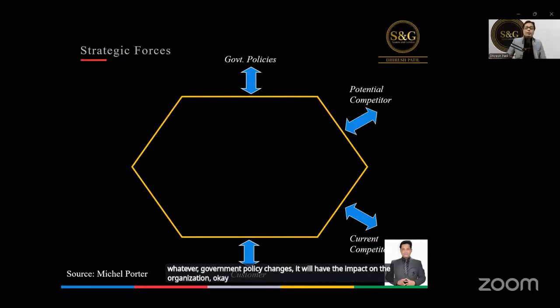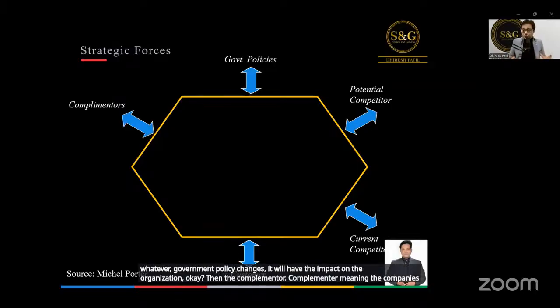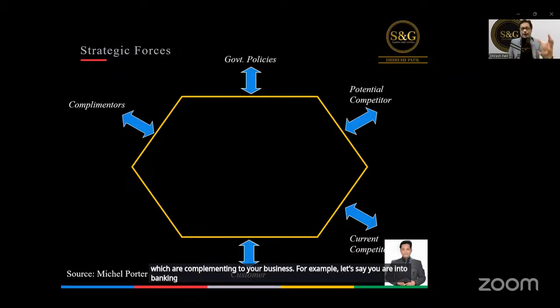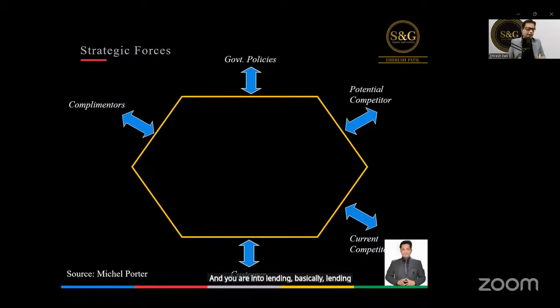Then the complementer, meaning the companies, industries or businesses which are complementing your business. For example, let's say you are into banking and NBFC, basically lending money to the required people. So real estate and the lenders, basically banks and NBFCs, are complementing businesses.